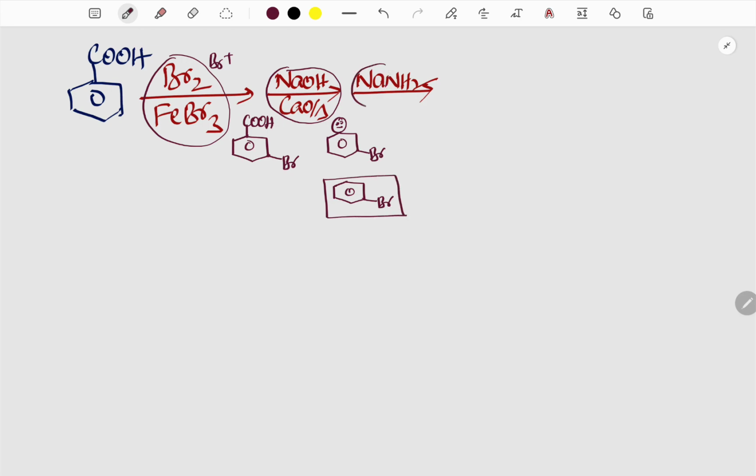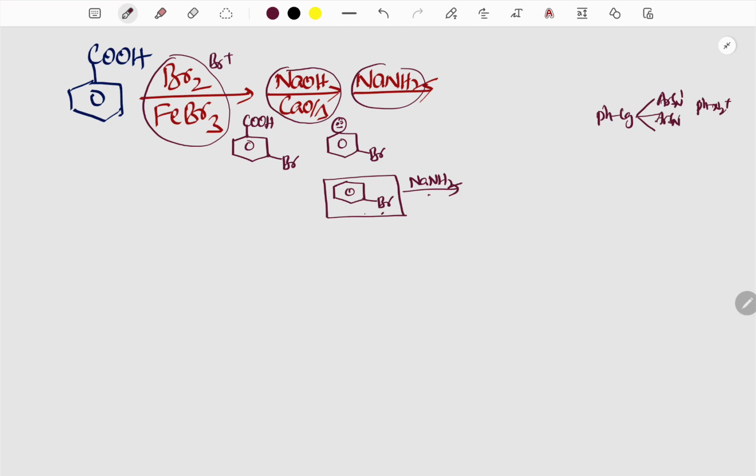Now it is treated with NaNH2. So here benzene is connected to a leaving group and NaNH2. When benzene is connected to a leaving group, we think about SNAr first, but SN1 should be possible only in the case of PhN2 plus, so SN1 is not possible.